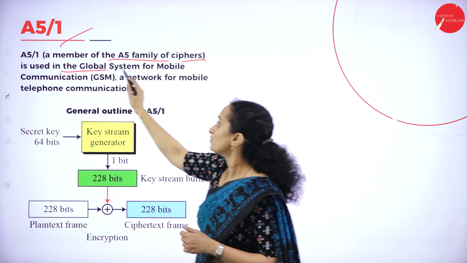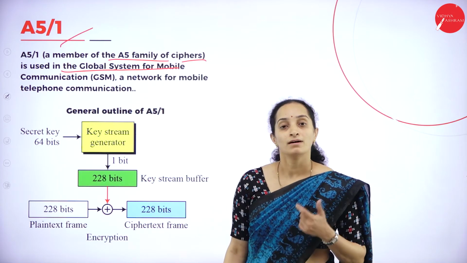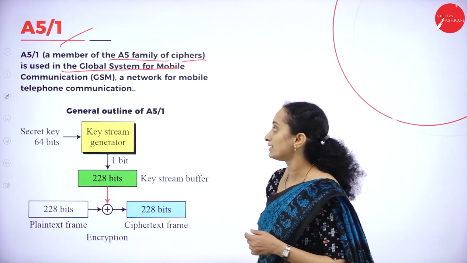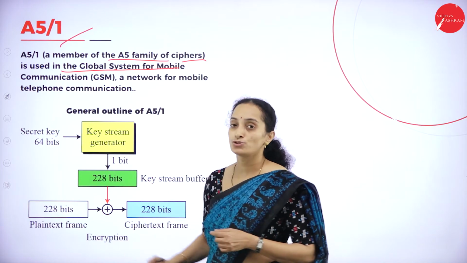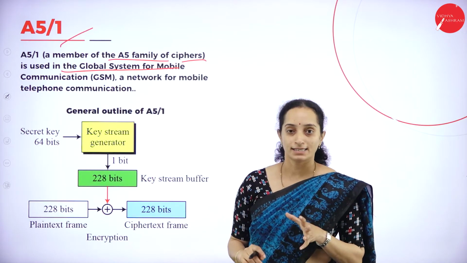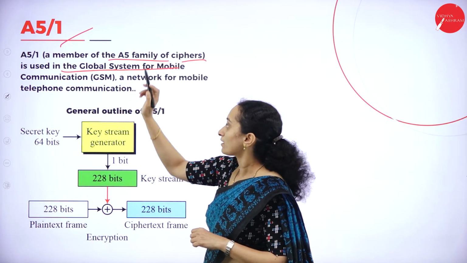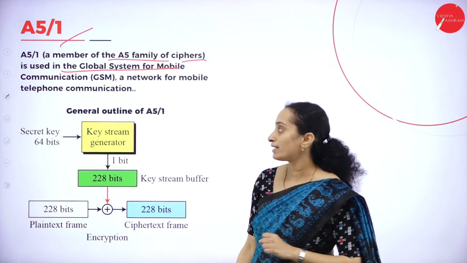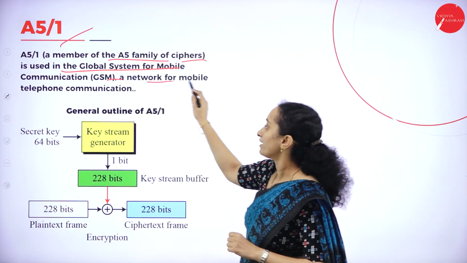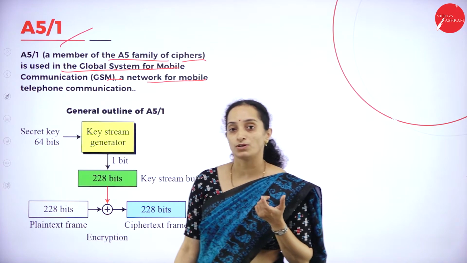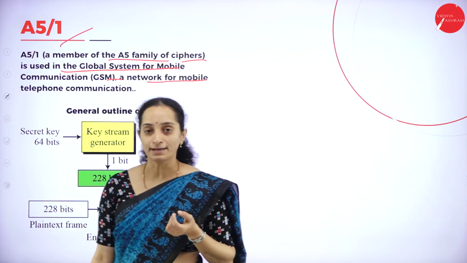It is used in GSM mobiles. So we know about GSM mobiles, isn't it? They used to encrypt the data in GSM mobiles using the A5 method. The Global System for Mobile Communication, GSM, is a network for mobile telephone communication which was used earlier.